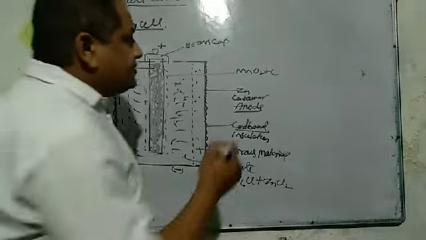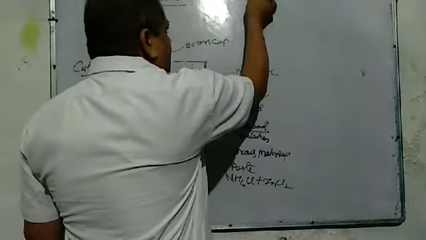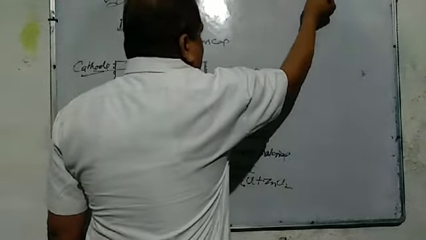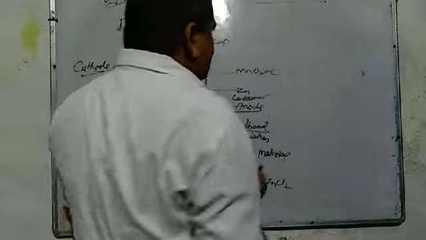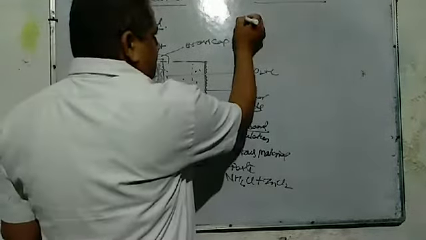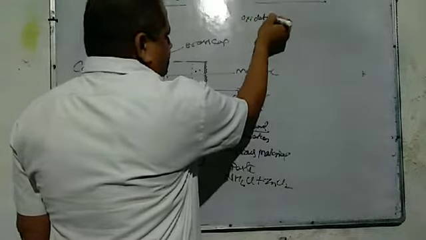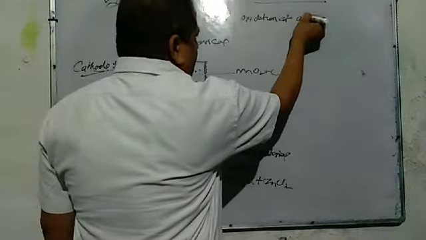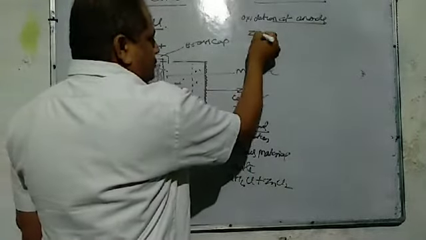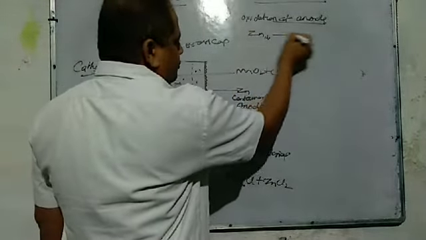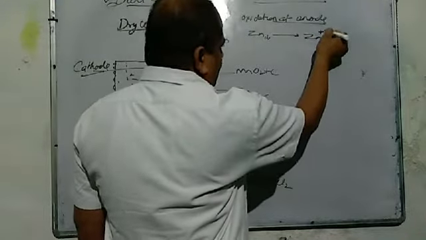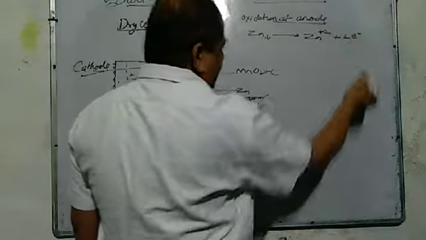When the cell is in use, the following reactions occur. Oxidation at anode: Zn solid loses two electrons at anode and converts into Zn2+.